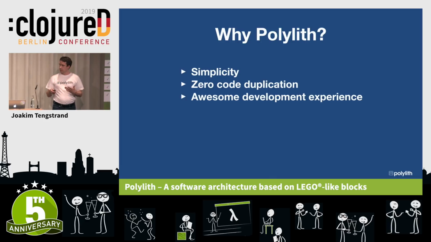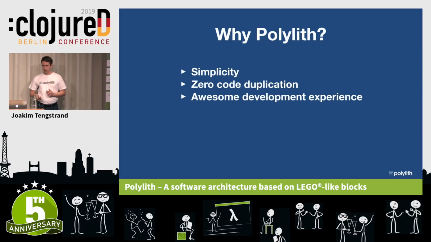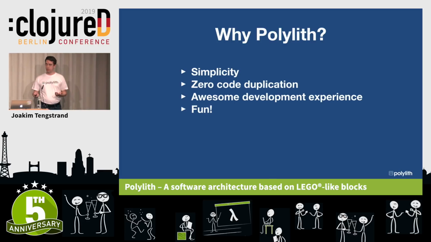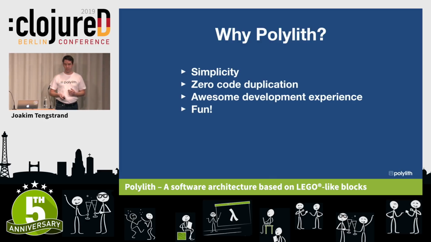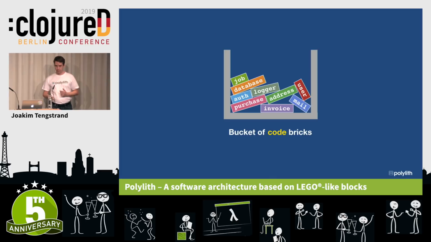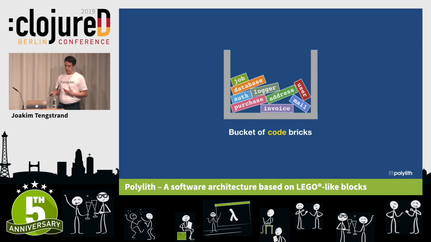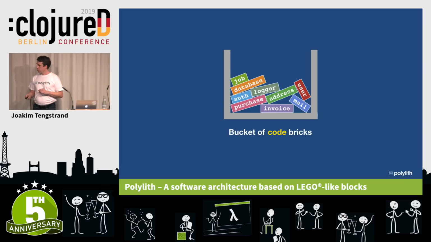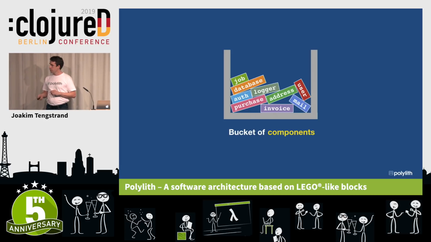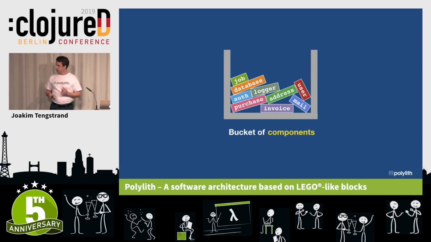It allows you to create a really simple development environment where you can work mostly in a single repo. If you add these things together, it's also really fun. It's like playing with Lego. So I mentioned this bucket of code bricks. In Polylith, it's actually a bucket of components. We call those bricks components.